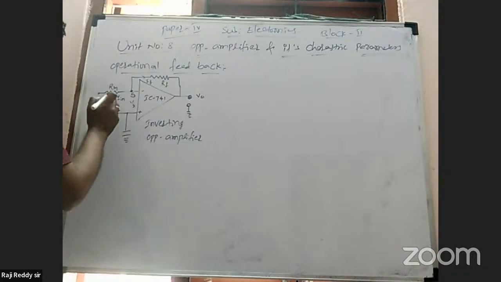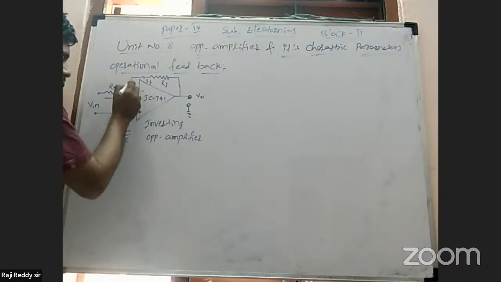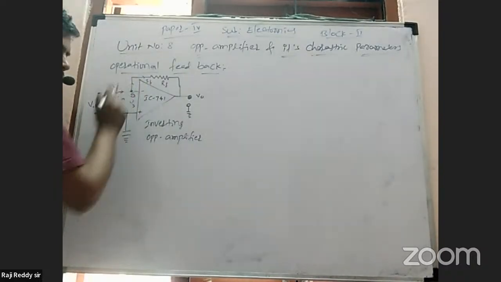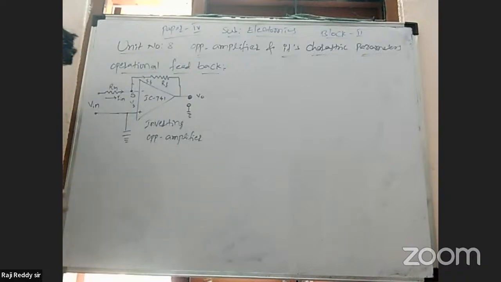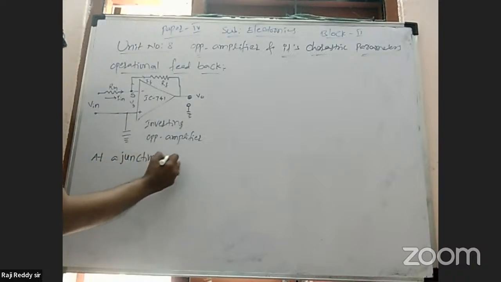At this junction, you can observe the current entering the junction is I in, and the current leaving the junction is IF.